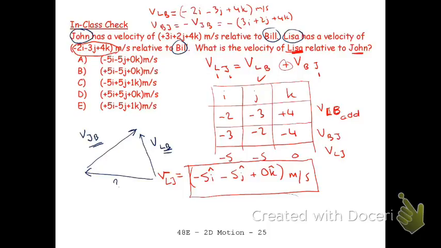The velocity of the clock relative to the flag, and I have the velocity of the flag relative to the computer. What's the velocity of the computer relative to the clock? It's going to be the velocity of the computer relative to something else, the flag, plus something else, the flag relative to the clock.